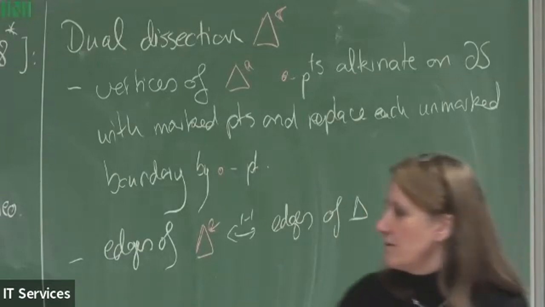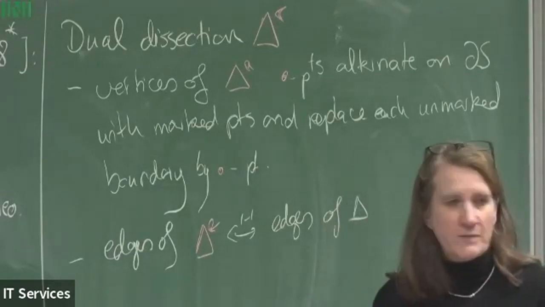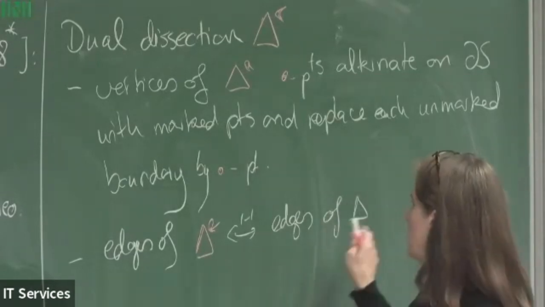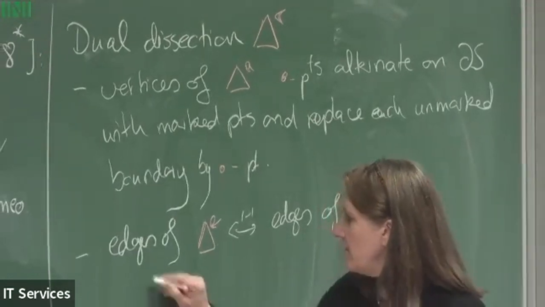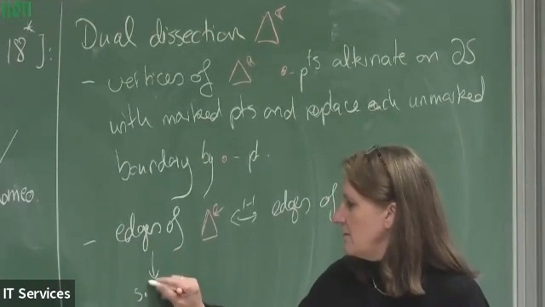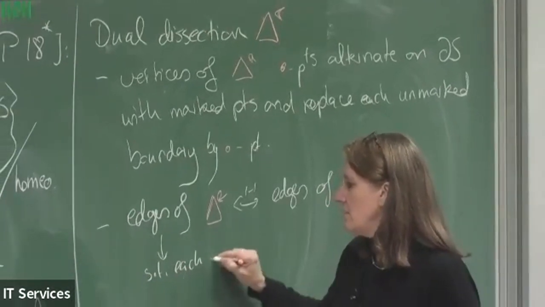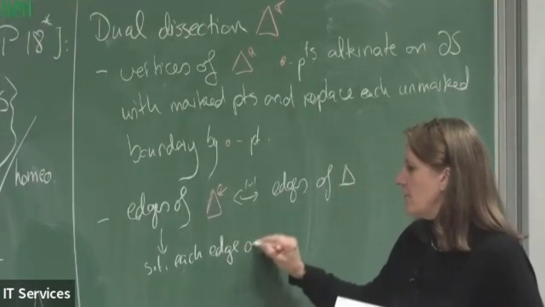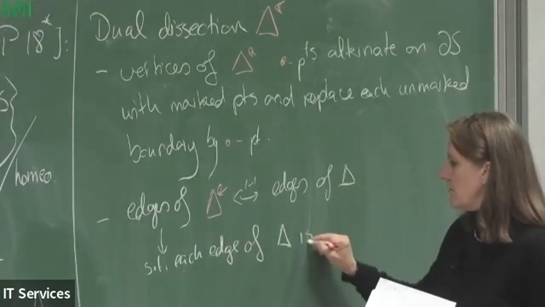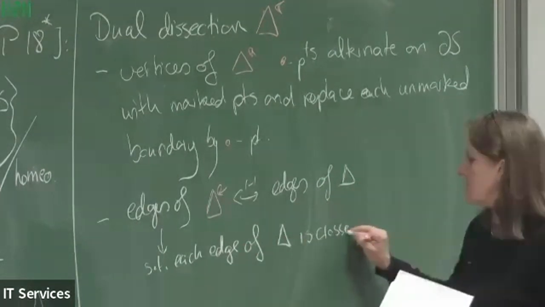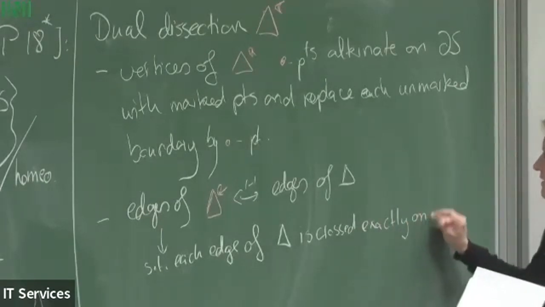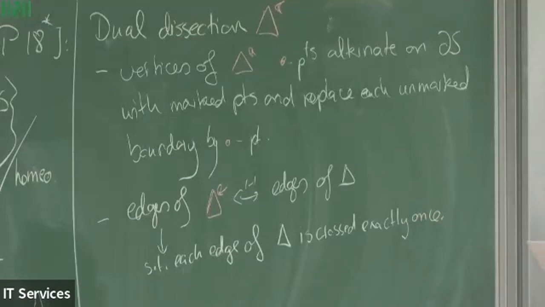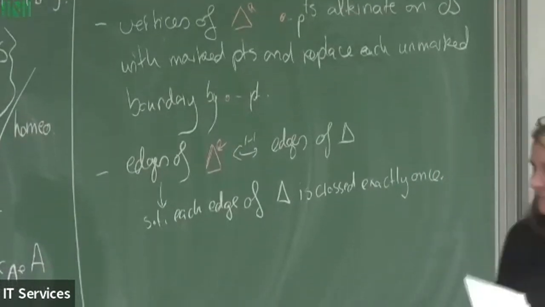And we get them by connecting red marked points such that each edge of delta is crossed exactly once. Okay, so I think probably an example is a good idea because pictures speak 1,000 words.